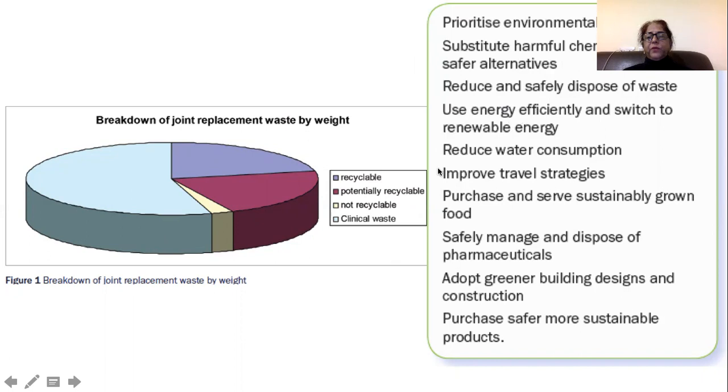Water consumption should be reduced, one should try to improve travel strategies, sustainable food should be purchased, pharmaceuticals should be safely disposed of, a greener building design should be adopted for construction, and hospitals should purchase more sustainable products.